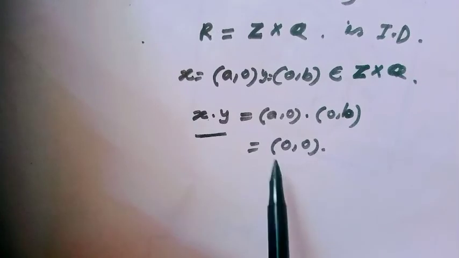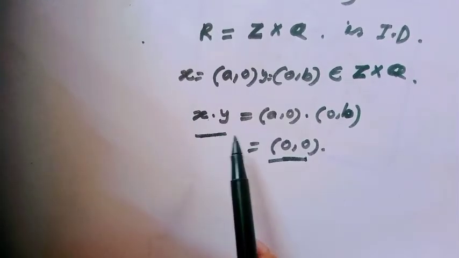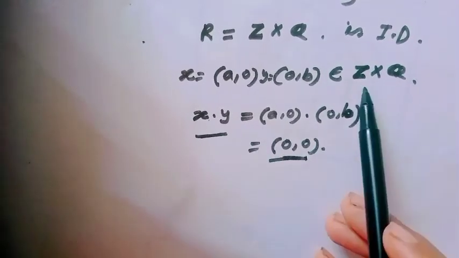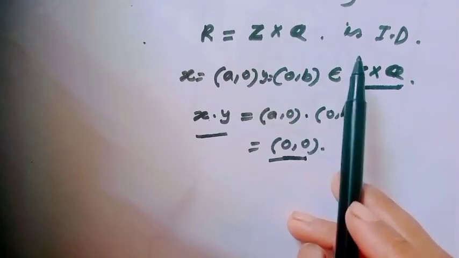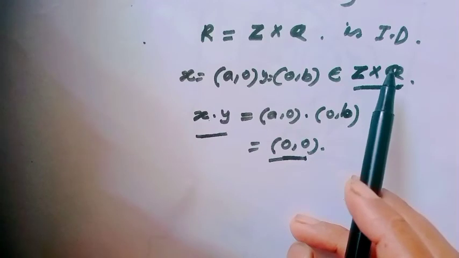From this we can tell X and Y are divisors of 0 in this ring. So Z direct product Q is not an integral domain.